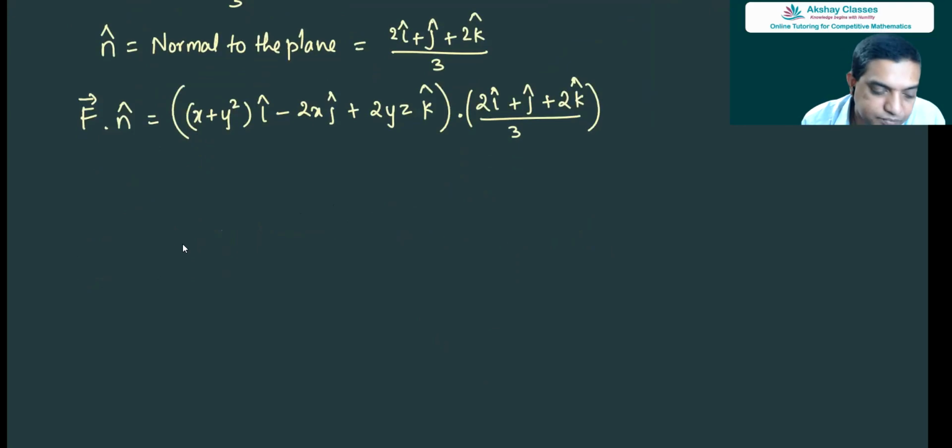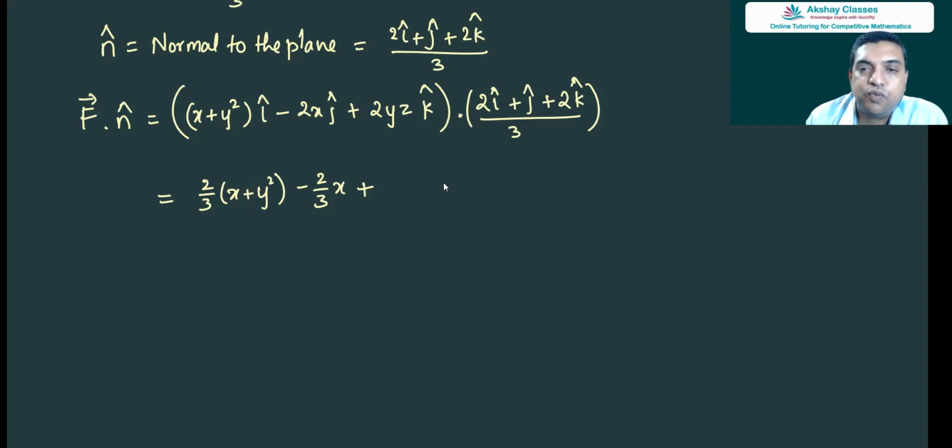So this will be 2 by 3 times (x plus y square) minus 2x into 1 by 3, so minus 2x by 3, plus 4 by 3 times yz.